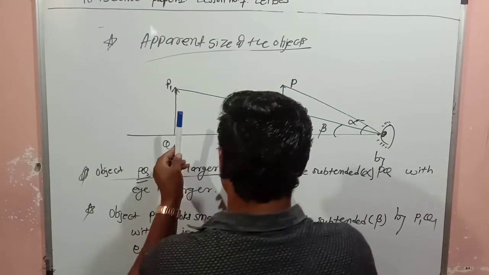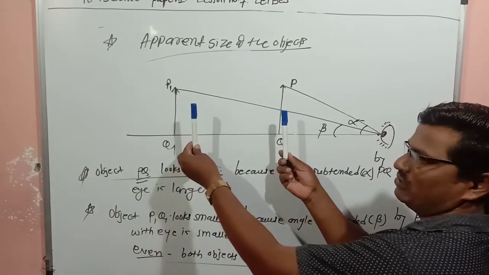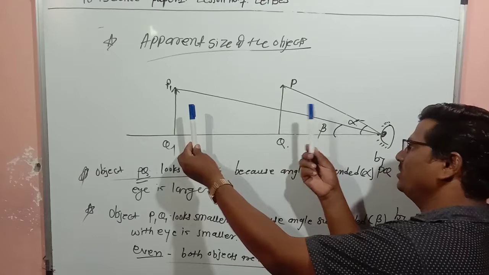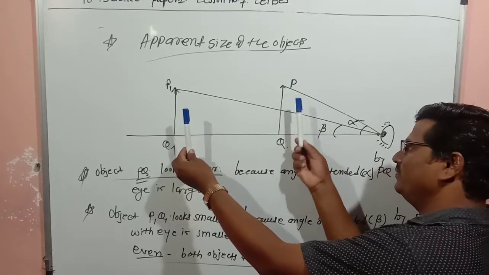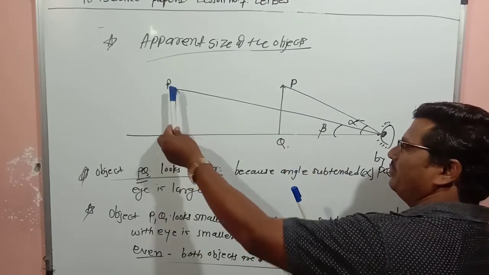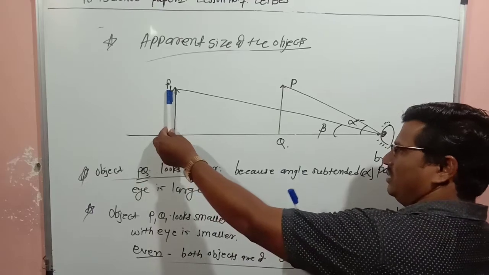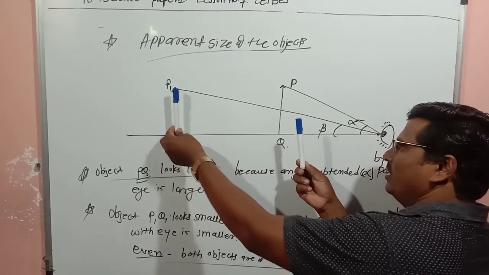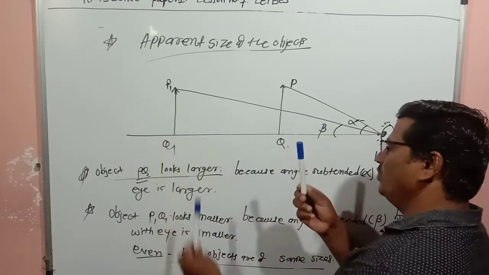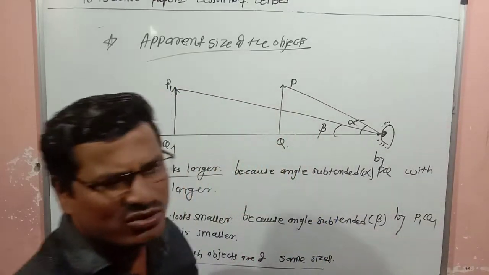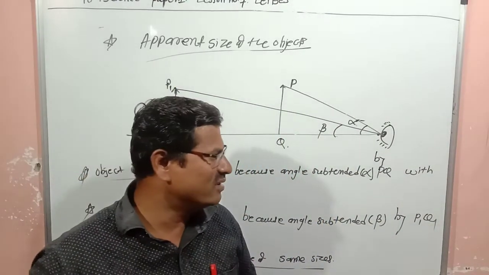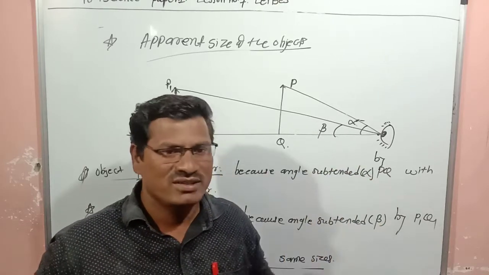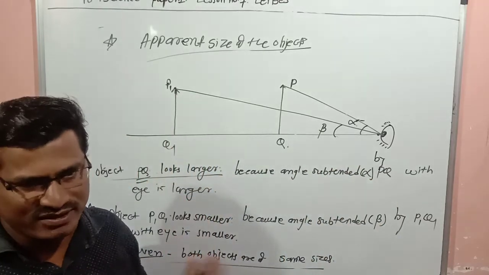The pen nearby my eyes, suppose PQ, looks larger, and pen P1 Q1, even though the size of both is the same, is looking smaller. This is called the apparent size of an object.